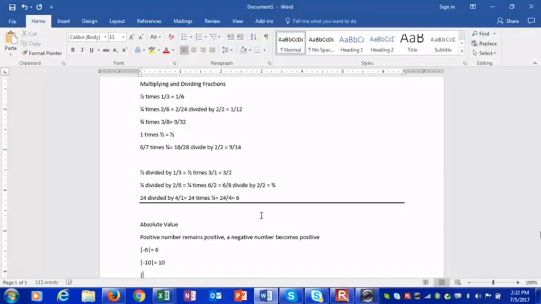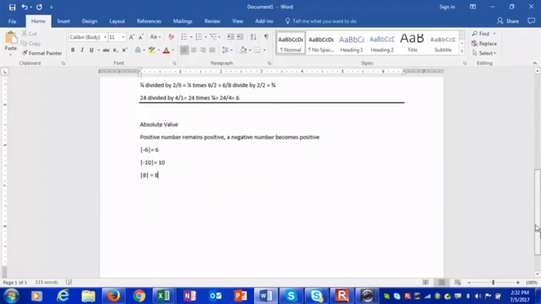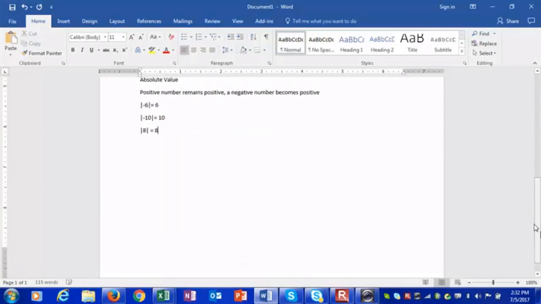Now, what if we started with a positive number? What happens to it? It remains positive. Same thing with the absolute value of 1. It will always be just 1. The only difference is, what if there's a negative sign outside of the absolute value of -1? Is the number going to be positive or negative?